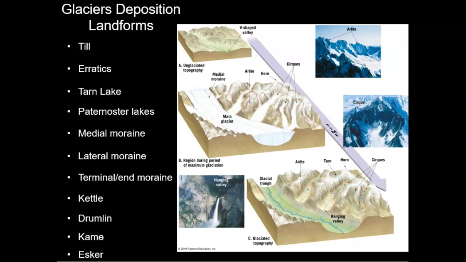The general effect of glacier deposits is to level the topography, as opposed to the general effect of erosion in valley glaciers, for example. Okay, so again, erosion from valley glaciers is going to accentuate the irregularities of the topography. The general effect of erosion from ice sheets is going to be to subdue the topography, and then the general effect of glacier deposits is also going to be to level the topography for the most part.